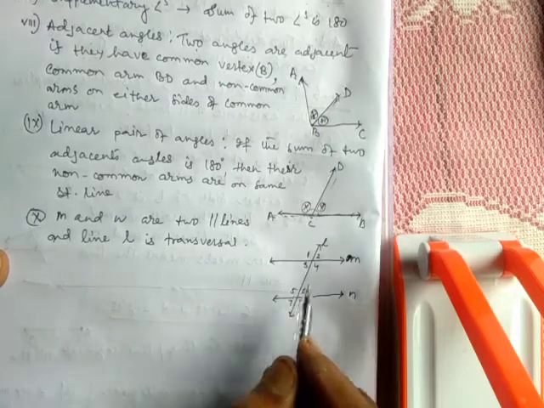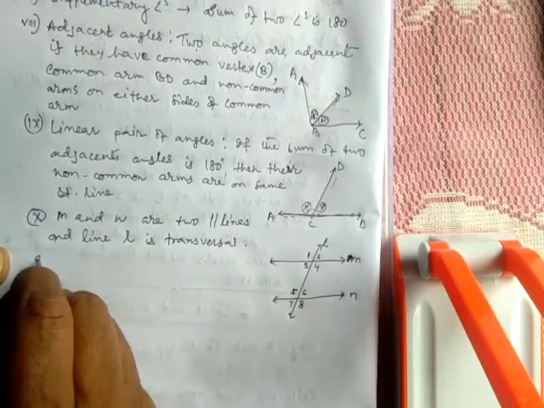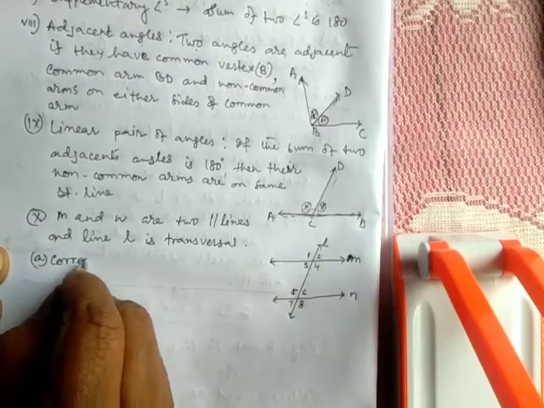So angle 1 and angle 5 are corresponding angles.